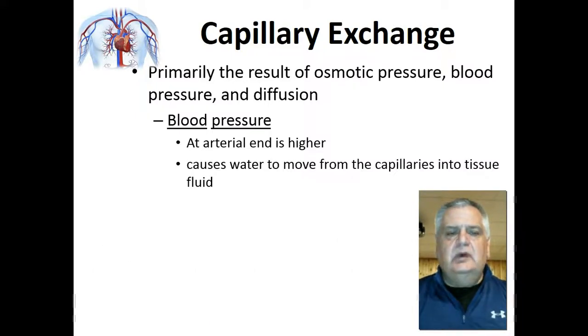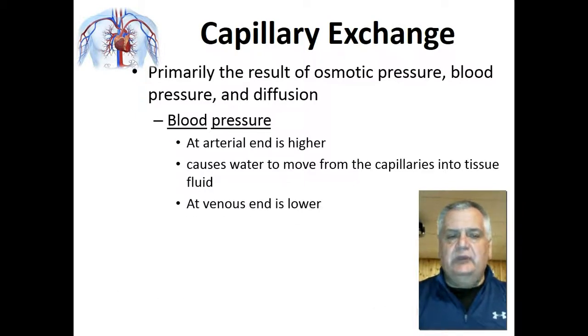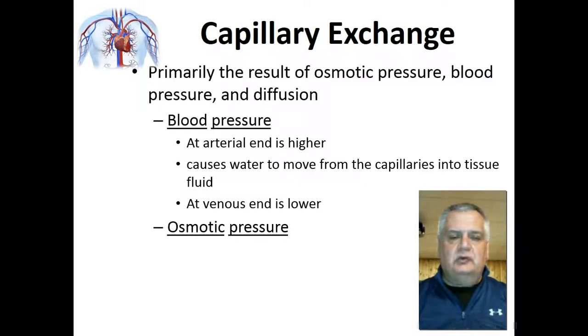As a result, at the arterial end where the blood pressure is higher, that blood pressure causes water to move from the capillaries into the tissue fluid, causes kind of the water to squirt out. At the venous end, again, the blood pressure is lower, and so at the venous end, blood pressure is not going to cause water to squirt out, so to say, of the blood vessel.